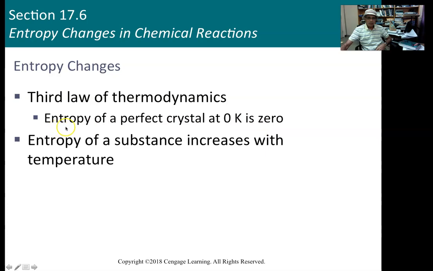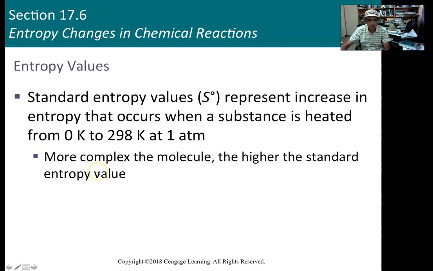So in other words, the entropy value is measured relative to the perfect crystal at 0 Kelvin, and the value there is 0. So entropy of a substance increases with temperature.